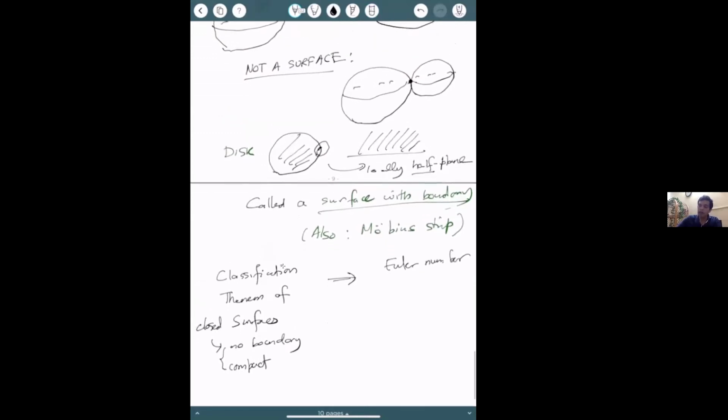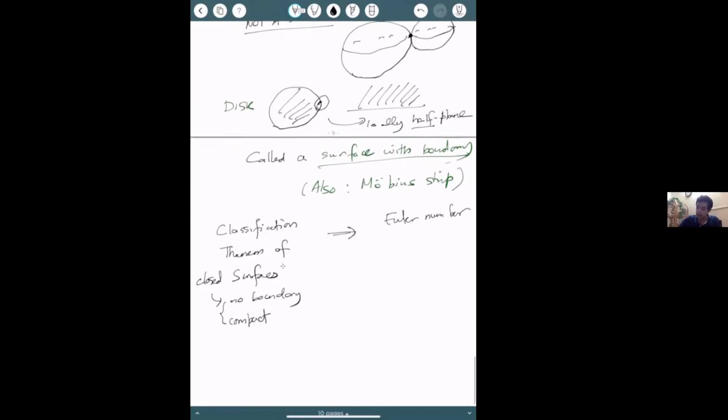Compactness avoids things like an infinite cylinder. An infinite cylinder goes off for ages. It has no boundary because, in some sense, the boundary is at infinity, but it's not compact. But something like a sphere is bounded, so it is a closed surface.